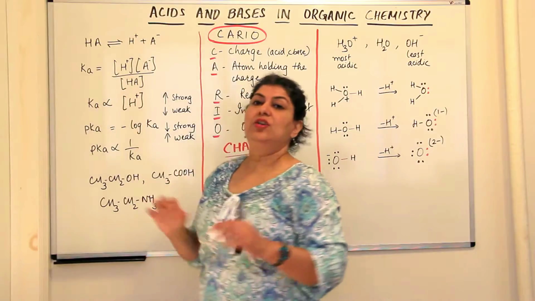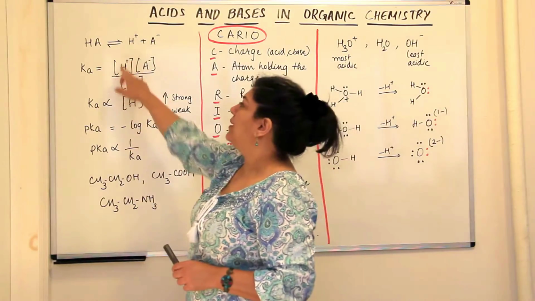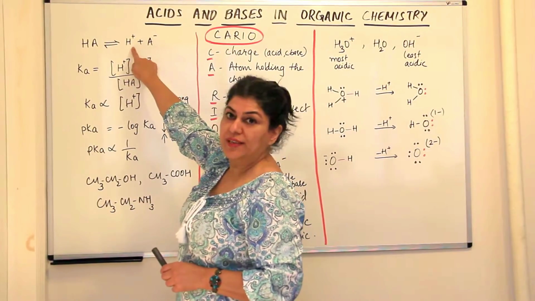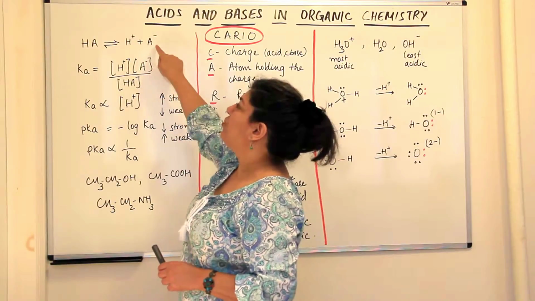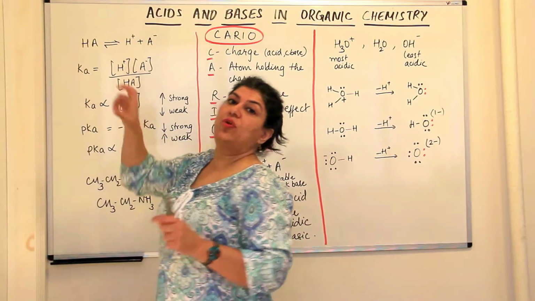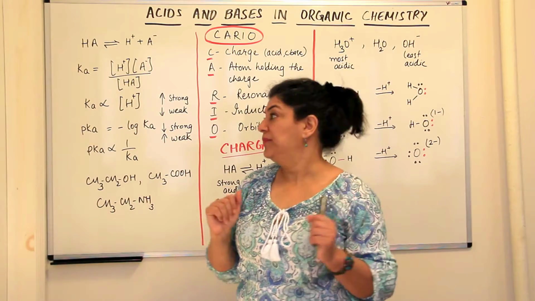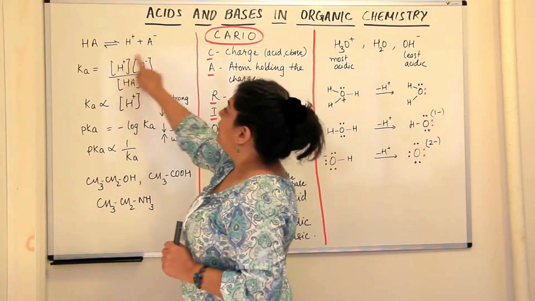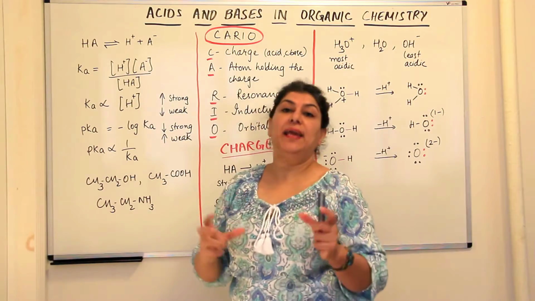Numerically, Ka would be equal to the concentration of H positive ions times the concentration of A negative ions divided by the concentration of the HA acid molecules. Now this gives us the value of Ka.